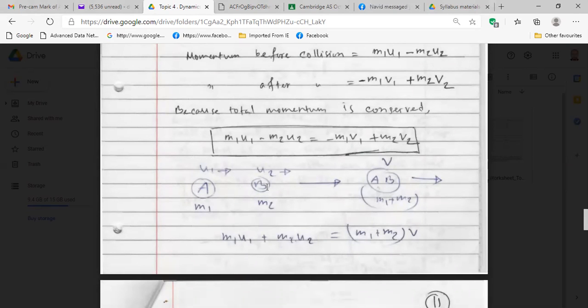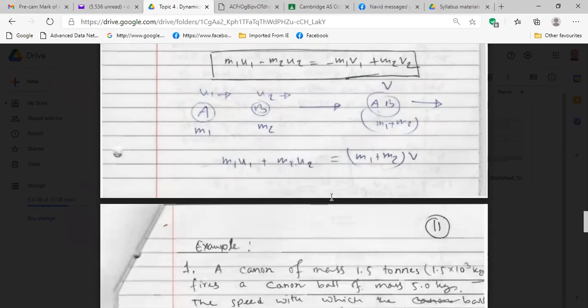Their mass is combined, m1 plus m2, and their combined velocity is v. That time we can write m1 u1 plus m2 u2 equals (m1 plus m2) times v. Is it clear?